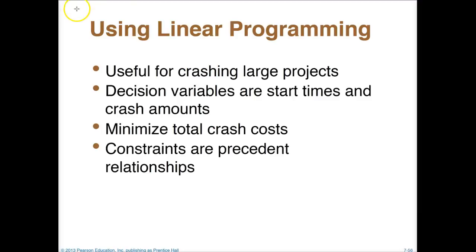When we do linear programming, it's useful for crashing large projects, and it's a good way to keep everything together so that we can calculate that without having to do a lot of tedious calculation by hand.